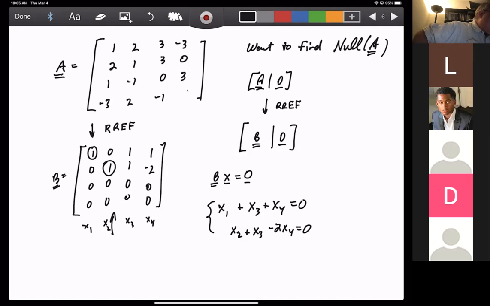So what we're going to do is think about putting, say, x3 is equal to s, x4 is equal to t. Then what's your first equation here telling you? The first line here is saying that x1 plus x3 plus x4 is equal to 0. Right?